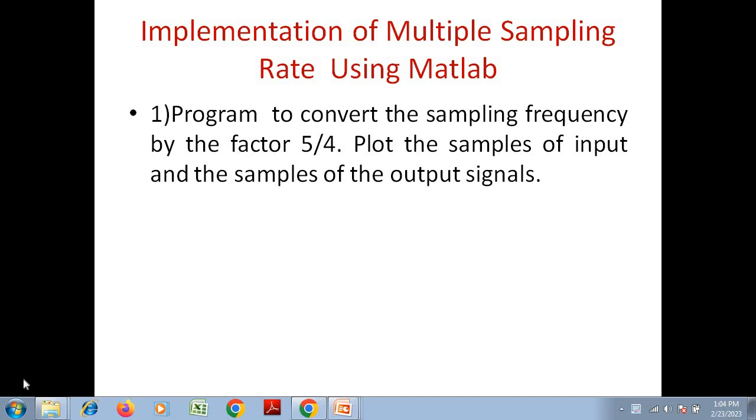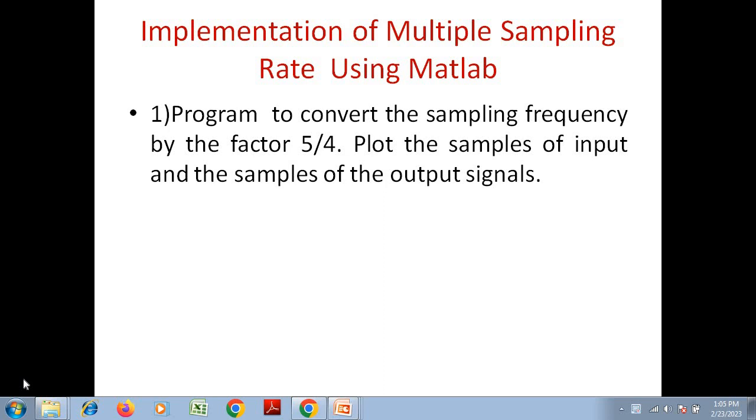So today we're going to discuss the implementation of multiple sampling rates, that is, sampling rate conversion using Matlab. So far we have learned what decimation is, what interpolation is, and how they are performed with the rate of conversion.